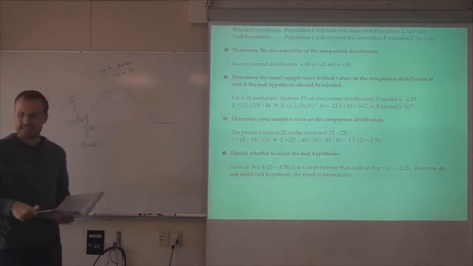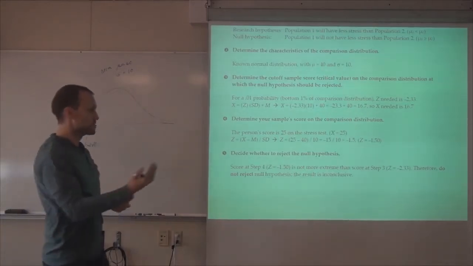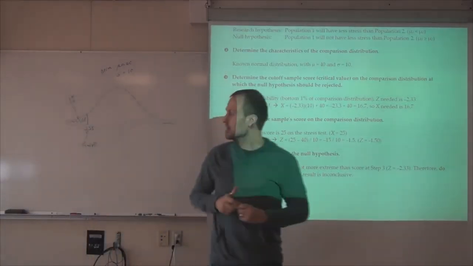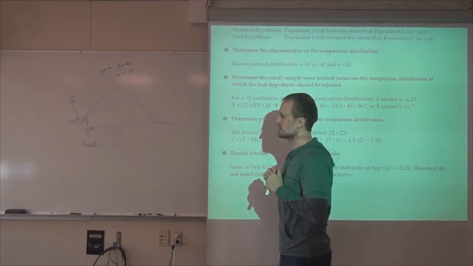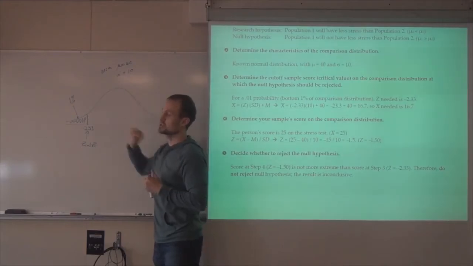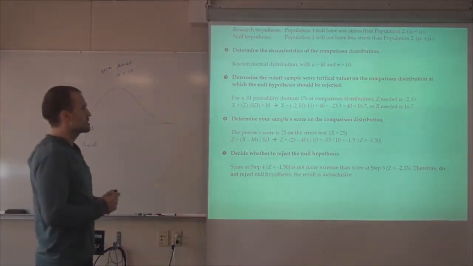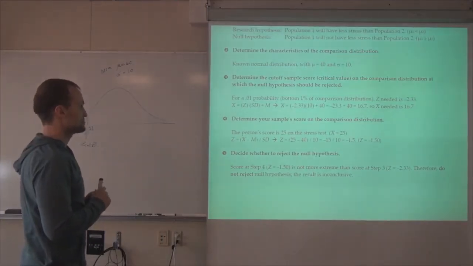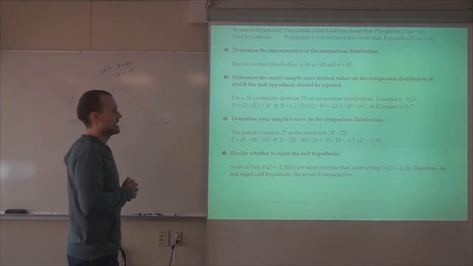So if I look at my sample and I get anything to the left of that, then I'm going to say, oh, that is pretty extreme. I'm not going to expect to get that unless there has been a change in the population due to the stress reduction method. I can look at it from two different angles.